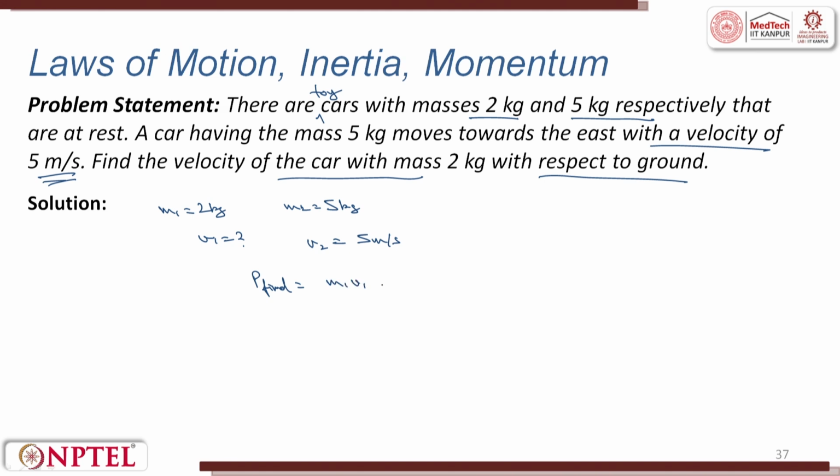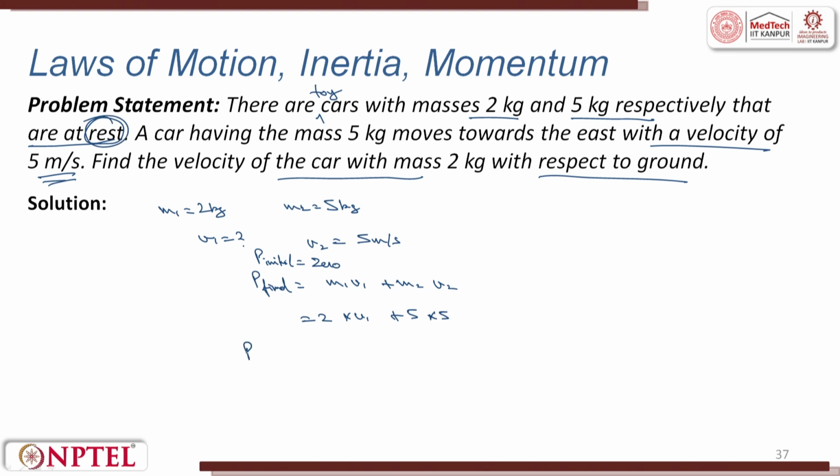From the law of conservation of momentum, we know that the final momentum is equal to M1 V1 plus M2 V2, that is 2 kg into V1 plus 5 kg into V2, that is 5 meters per second. Also, we know that the initial momentum is 0 because the cars were at rest.